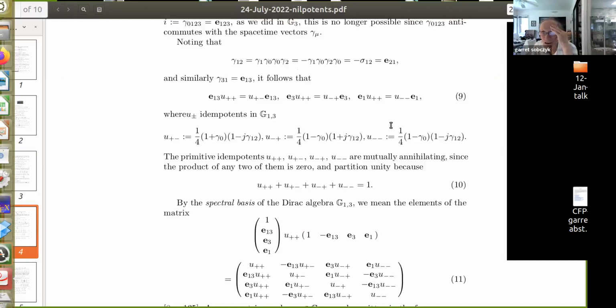Here you see the geometric algebra G13 is generated by a gamma 0, which has square plus 1, and gamma 1, gamma 2, gamma 3, which have square minus 1, are anti-commuting. But I want to write them now as a product of nilpotents.